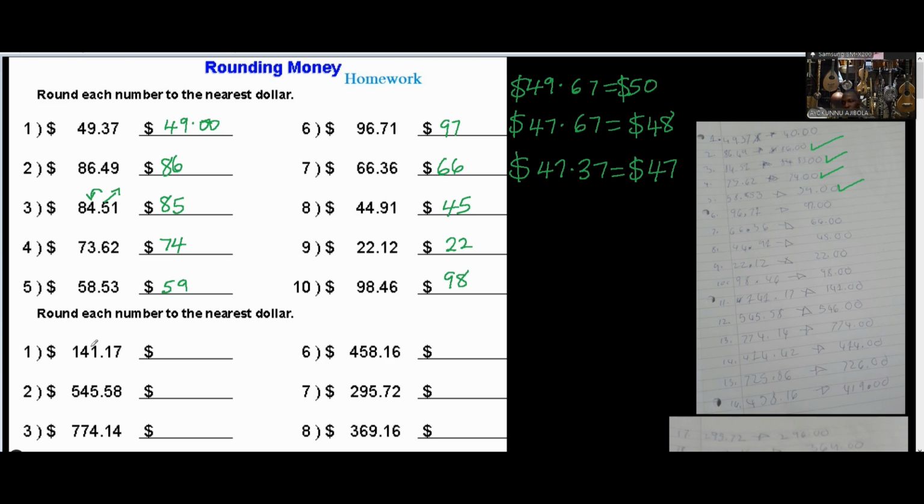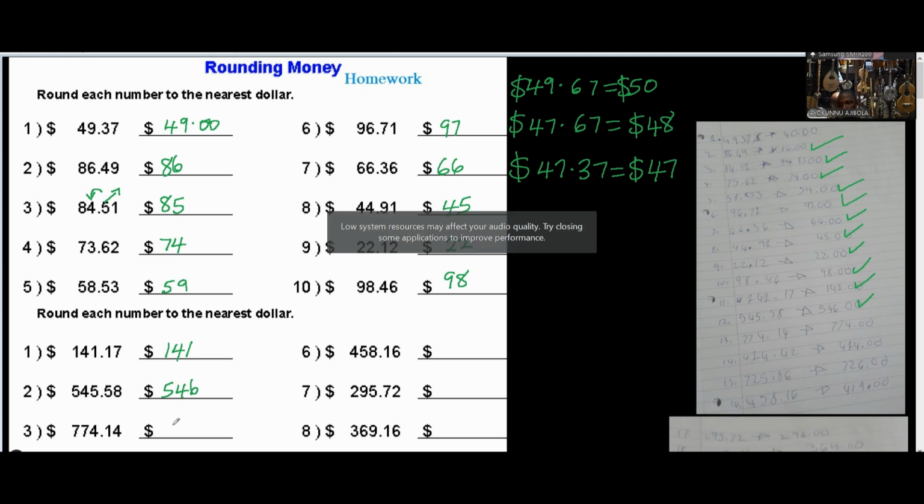And this is 458. Okay, let's start from here. This is $141 because the number after the decimal is 1. And this is going to be 546. So I think you got all of those ones: 141, 98, 22, 45, 546, and 97. Then this one is 774, which is still the same as the value there.